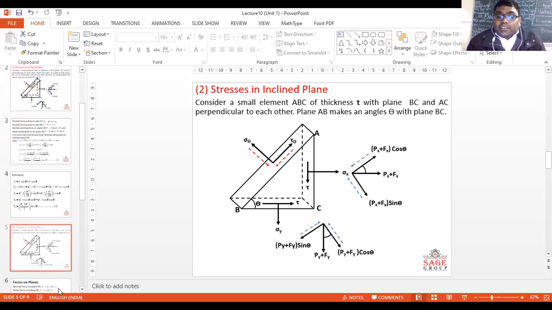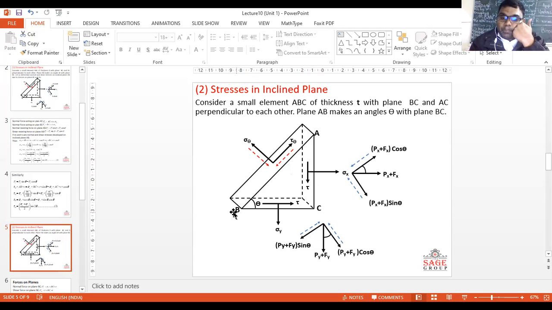But here you have to consider that the shear force, or tangential force, is also acting here. Because of the tangential force, a tangential stress is produced in this plane.